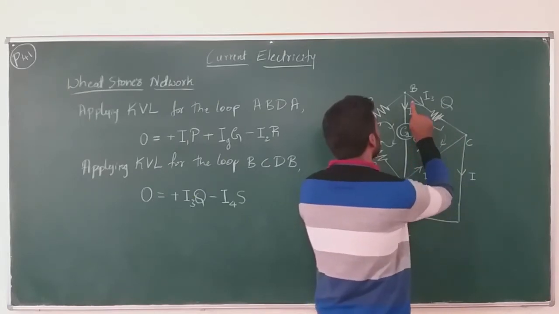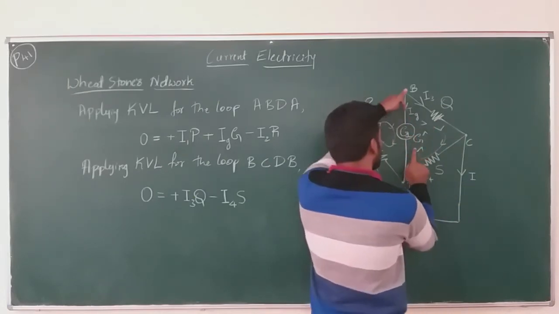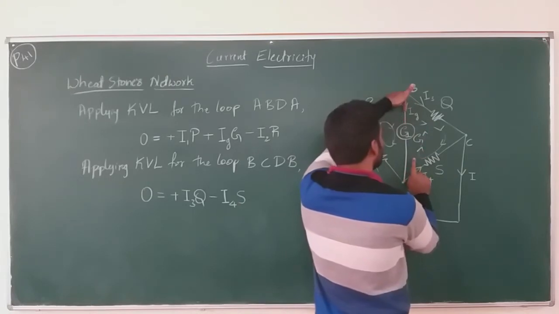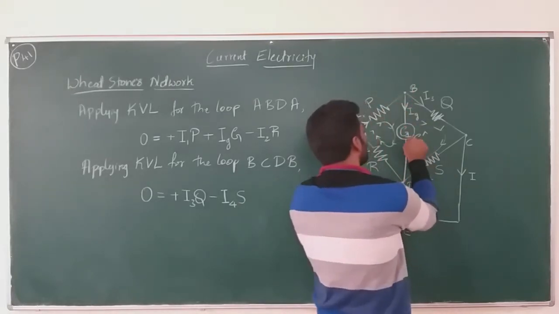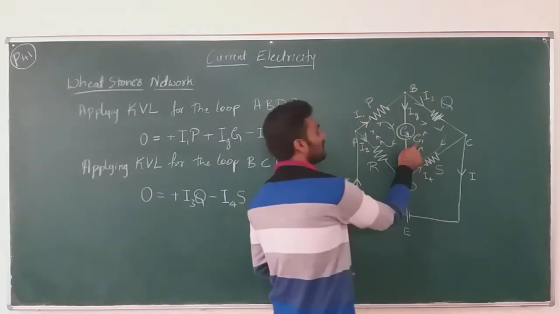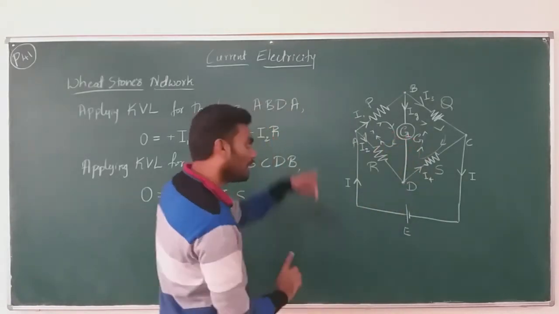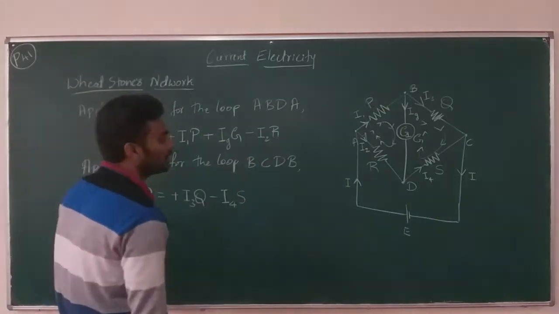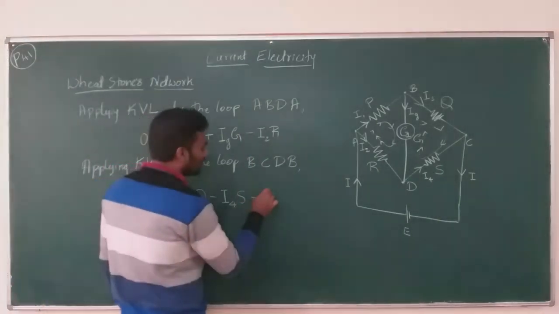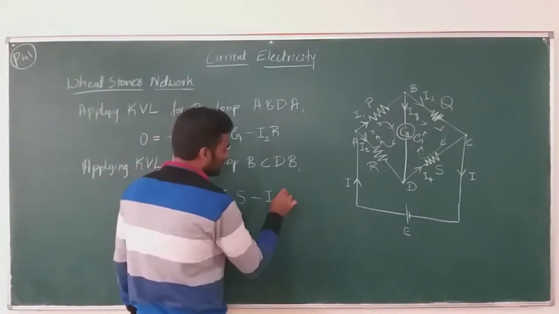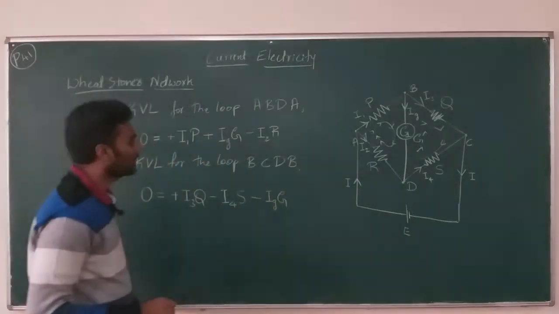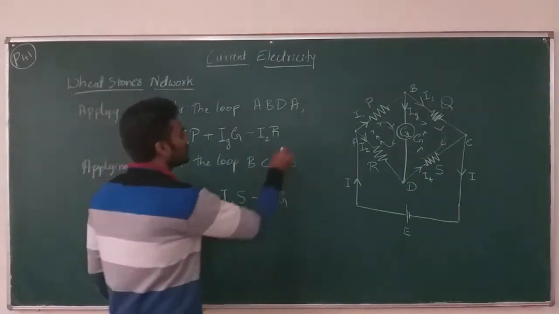Yes. Now after point D, so this much is done. Again moving ahead, you have current Ig flowing in the opposite direction through the galvanometer, which has the resistance G, because galvanometer has the resistance G, and you are going exactly the opposite way. So it is minus IgG. Okay. So these two are the expressions that we get.